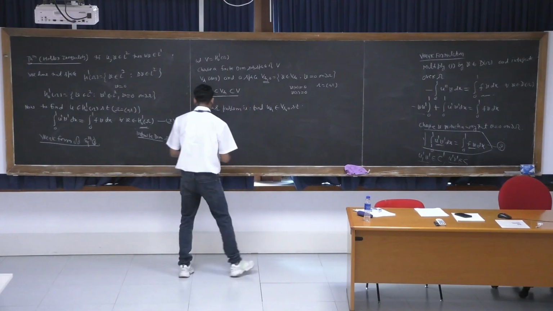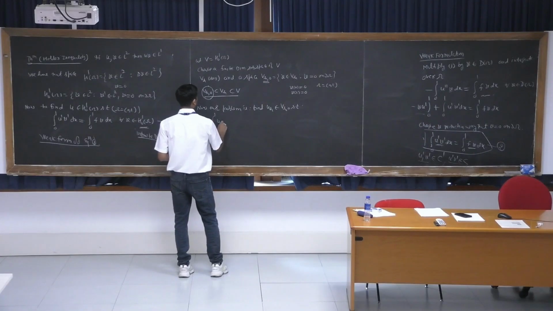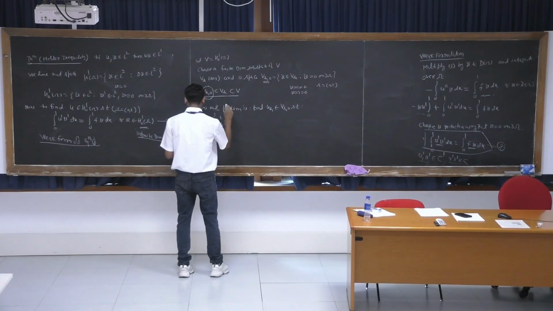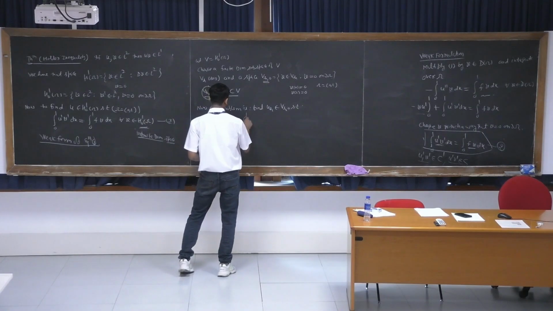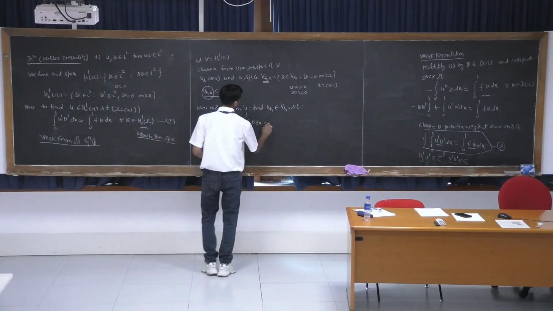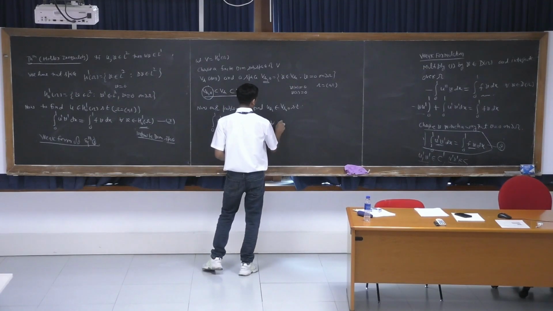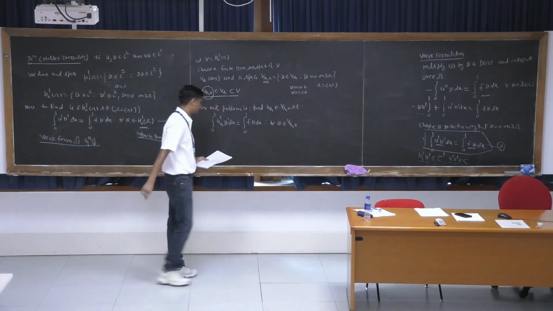So integral 0 to 1 UH dash V dash dx is equal to integral 0 to 1 f V dx for all V belonging to VH0.